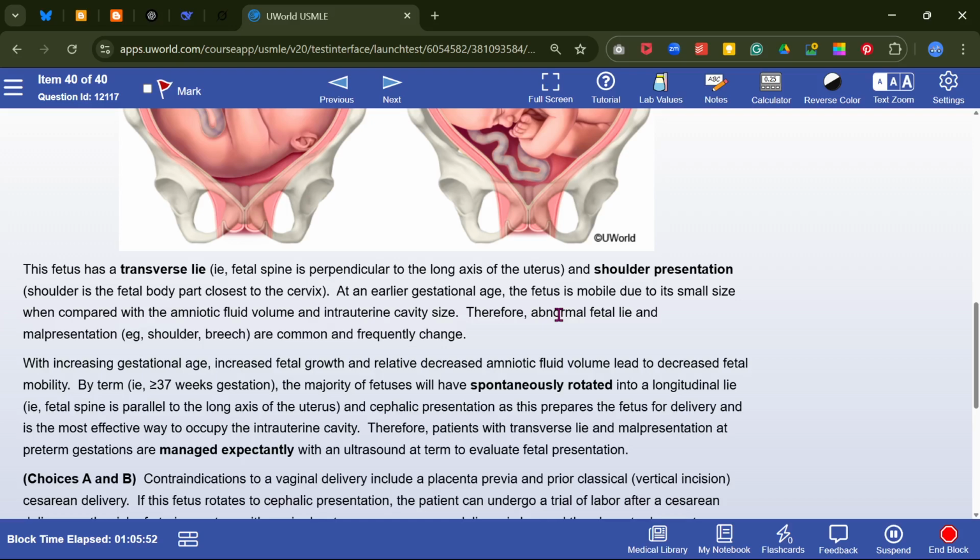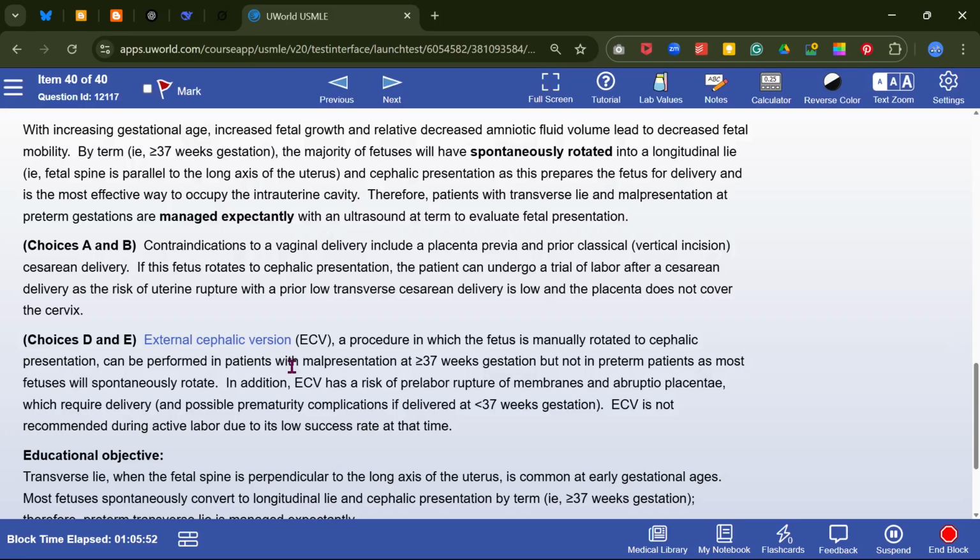Therefore, patients with transverse lie and malpresentation at preterm gestation are managed expectantly, with an ultrasound at term to evaluate for presentation. External cephalic version, ECV, a procedure in which the fetus is manually rotated to cephalic presentation, can be performed in patients with malpresentation at more than 37 weeks of gestation, but not in preterm patients. Most fetuses will spontaneously rotate.